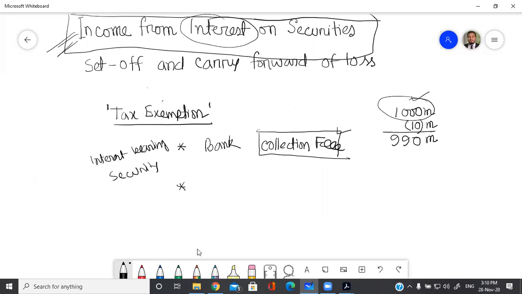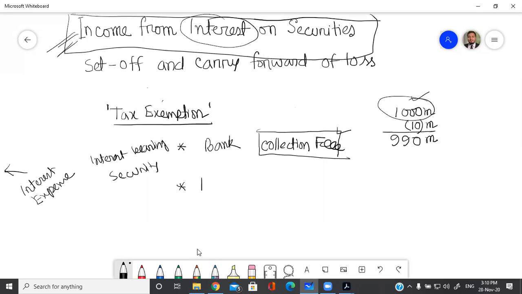And what is our purpose here? Our purpose is that interest expense becomes due for that loan which you have taken for buying interest bearing securities. Which securities? The securities which are allowable to be included in the income from interest on securities. Okay.